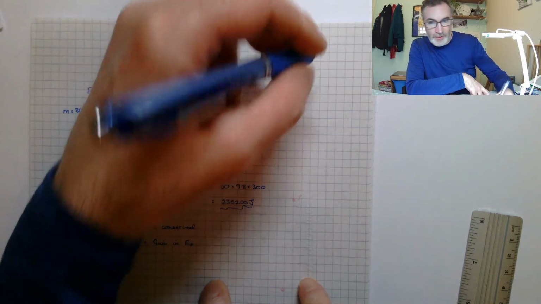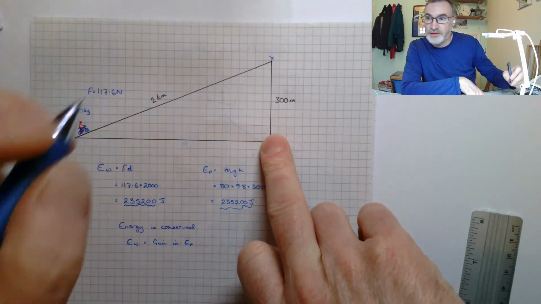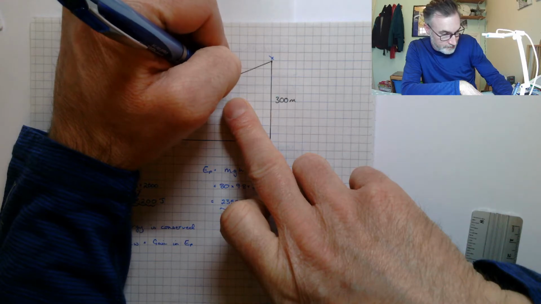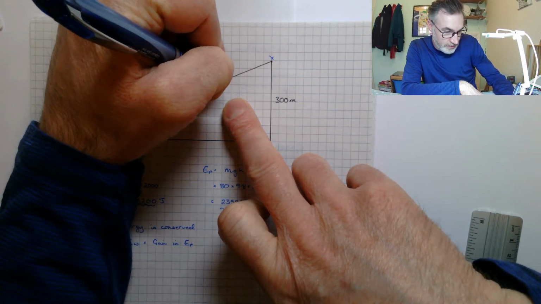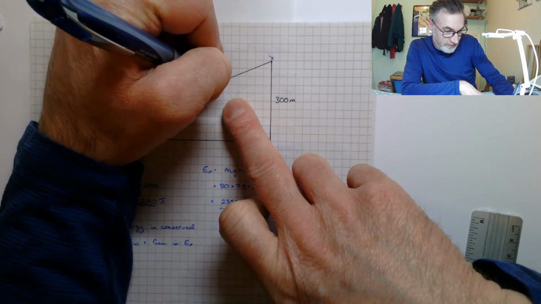So what I'm going to do, I'm going to turn my bike around and I'm just going to freewheel down the slope. So here we go. I've got to make sure I do this right. I've done it wrong already.